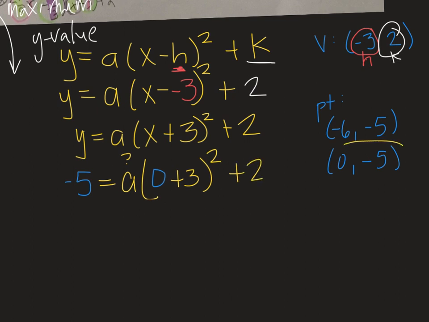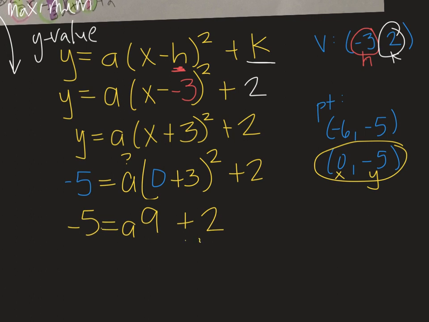Okay, so what I did was I plugged in this for x and y. All right, so solve. You may want to pause it. I'm going to start going a little bit faster because my YouTube is running out of time limit. But 0 plus 3, 3 squared is 9. Okay, so we have a times 9 plus 2 equals negative 5.